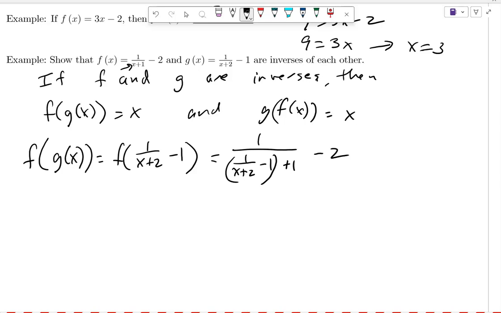So we take out the X and put in 1 over X plus 2 minus 1. What happens in the denominator there? The 1's cancel, don't they? We got 1 over X plus 2 minus 2.